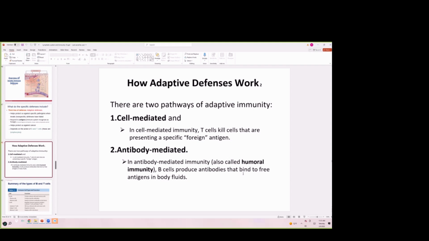I say in antibody-mediated immunity, also called humoral immunity, B cells would produce antibodies. There are some white blood cells, as you're going to see, that cannot recognize. It's almost like they are blinded to the characteristics of the pathogen. But the antibodies go and identify the pathogens and tag them.